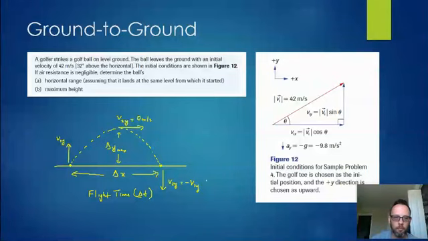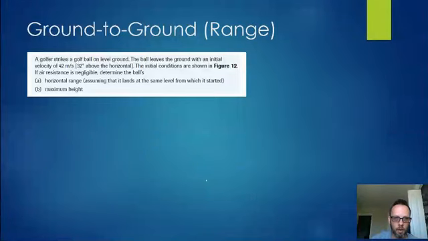So let's do it. Let's talk about the range. We're going to derive an expression for the horizontal range. So if we're doing part A here, the key, and I'm going to choose up to be positive as we derive these.